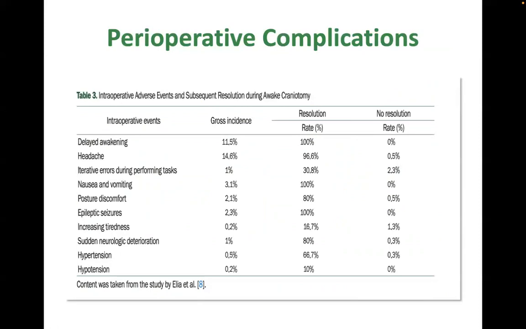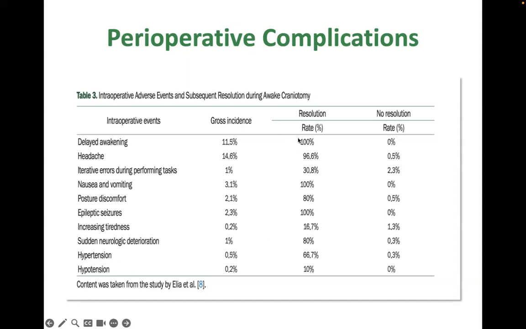And this article was recently published in, I'm not recalling the journal name, but yes, it's a recently published article. So again, I just want to tell you about the incidence of delayed awakening. The incidence of headache is around 14%, nausea and vomiting 3%, seizure 2.3%, and related complications are hypotension and hypertension. So the technique is quite safe in terms of hemodynamic fluctuation.